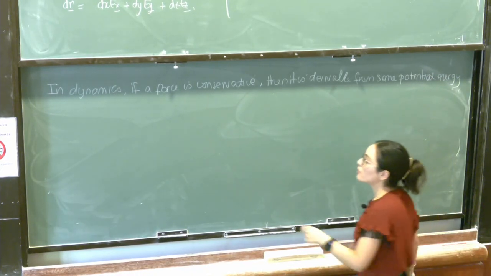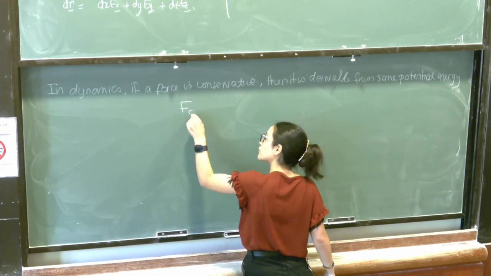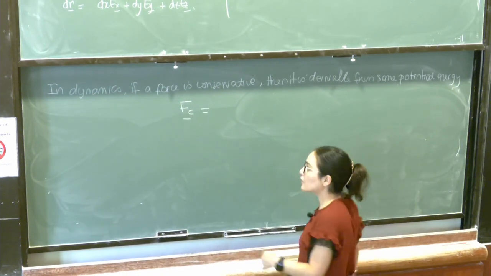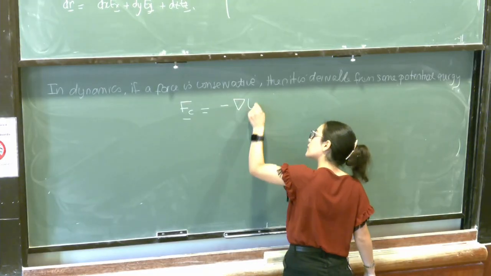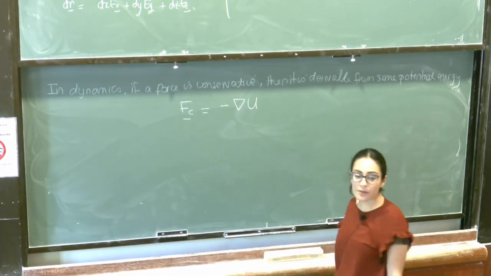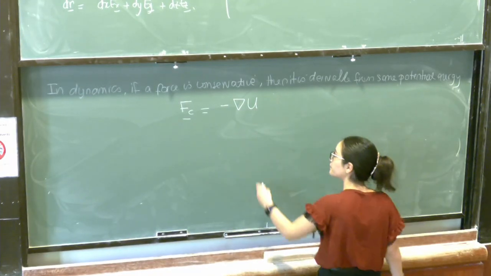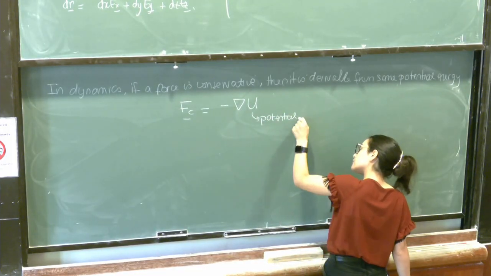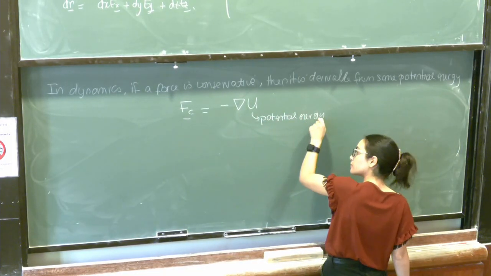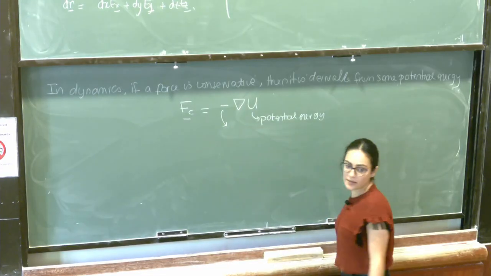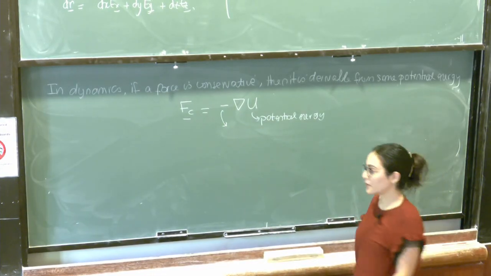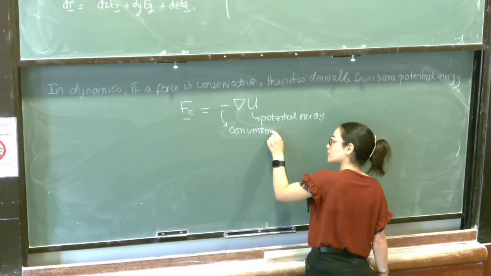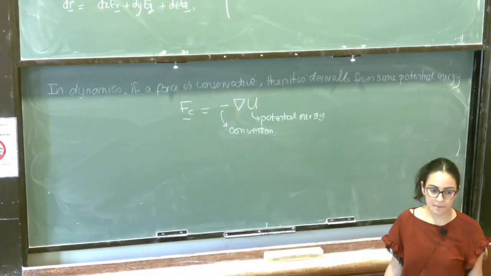Okay, so this is the symbol for a conservative force, F conservative, and it's derivable from a potential energy, meaning that it's minus the gradient of U. U is the symbol for potential energy. And this minus sign is a convention in dynamics. And you're going to see why we put it.